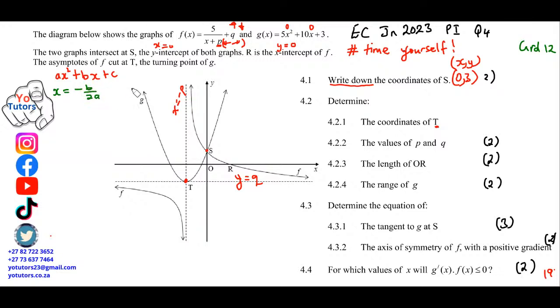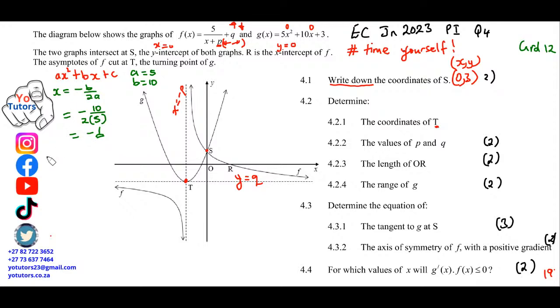Here a is equal to 5 because it's the coefficient of x squared, and b is equal to 10 because it's the coefficient of x. Now we substitute: minus 10 over 2 times 5. Then you get negative 10 over 10, which gives you negative 1. Then for us to get the y, we are going to substitute x in the equation.